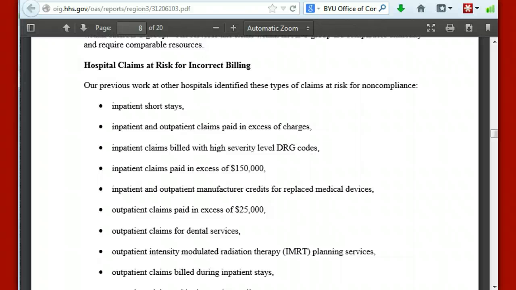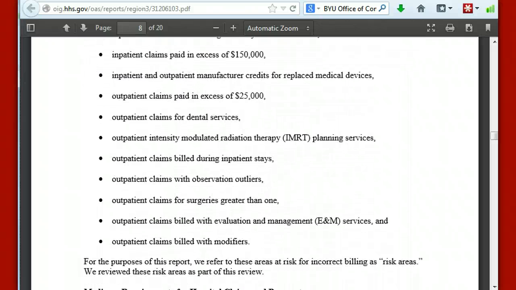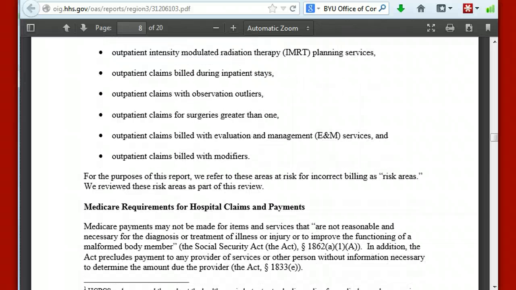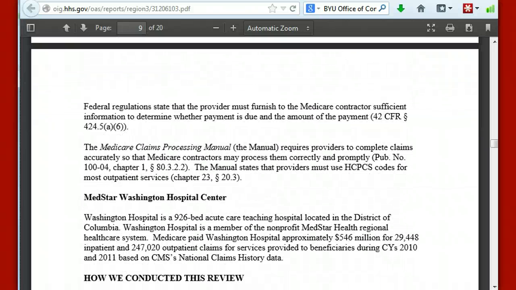These are some of the baseline audits you should have, and then do ongoing auditing on these different areas. If you're in the dental services area, the IMRT for radiation therapy, outliers, you can see the list here. So if you haven't reviewed these in a while at your organization, you need to be looking at these.